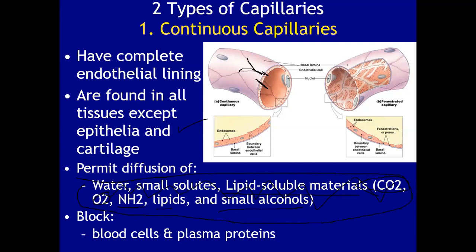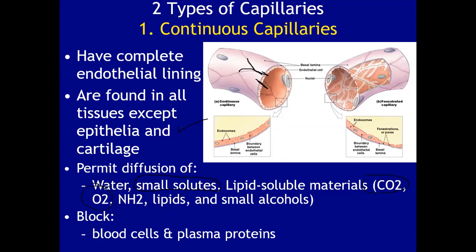Now, when we get to AMP2 a little bit further down the road, we're going to have to talk about a lot of these because we have a chapter set up for small solutes that are going to be things like our carbohydrates, fats, and proteins, amino acids. We've got a respiratory chapter for CO2 and O2.